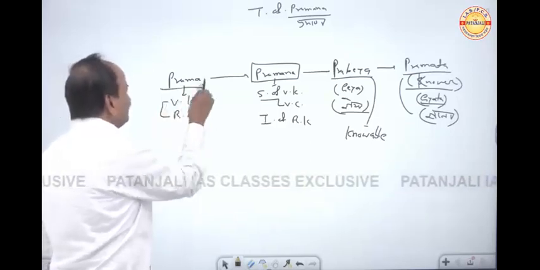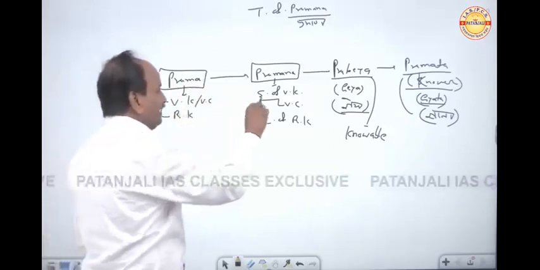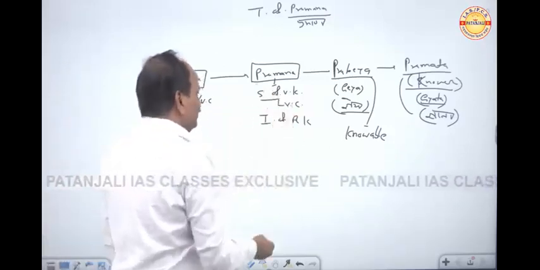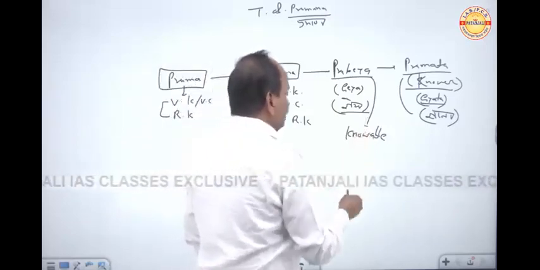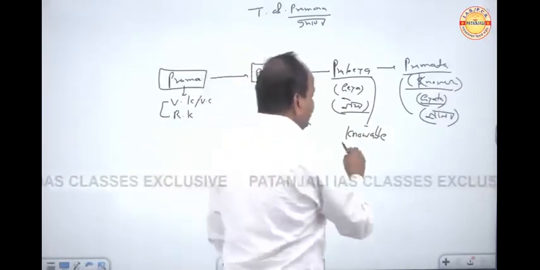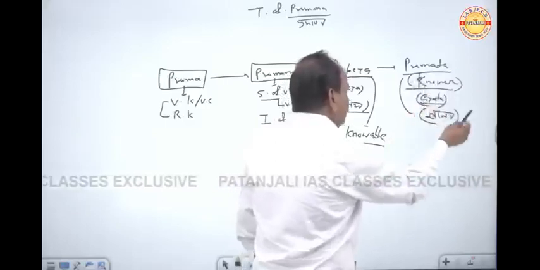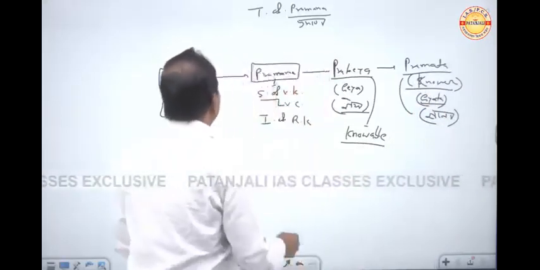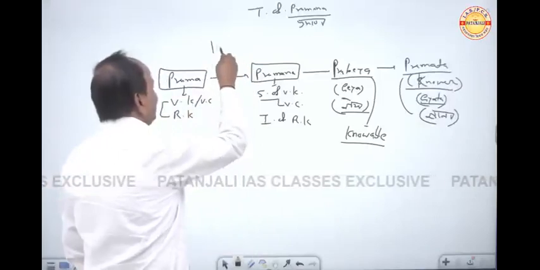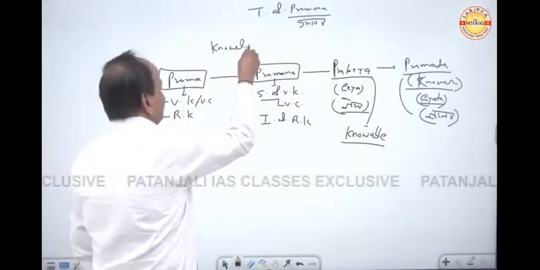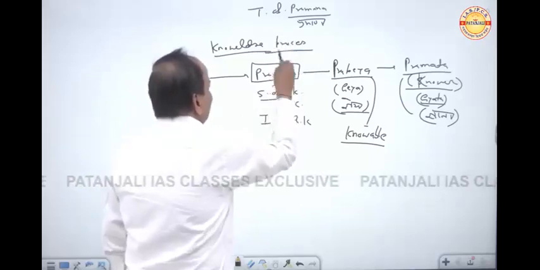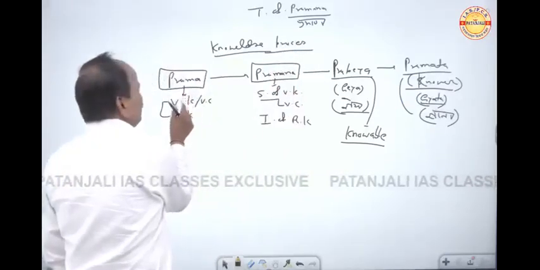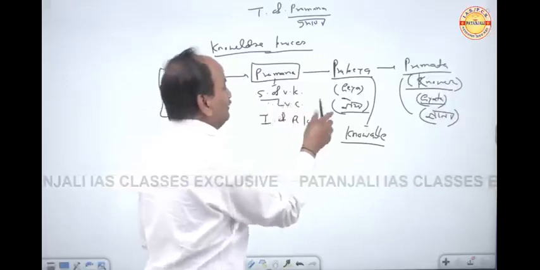So Prama means right knowledge. Pramana means source of right knowledge, valid knowledge. Prameya means knowable. And Pramata means knower. So these are the different aspects of the knowledge process you must be aware of. In the knowledge process, we generally use Prama, Pramana, Prameya.